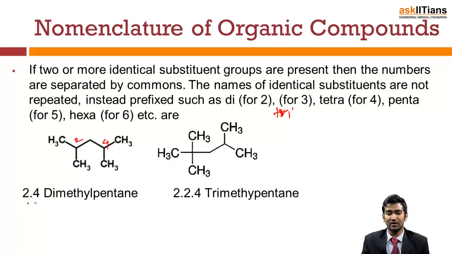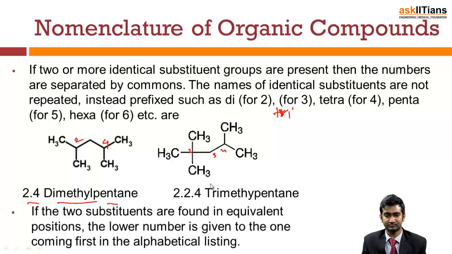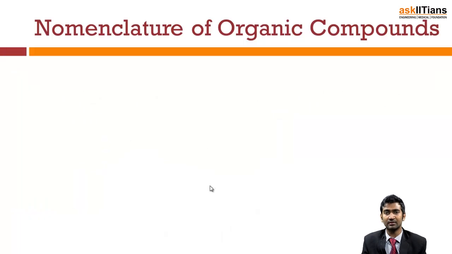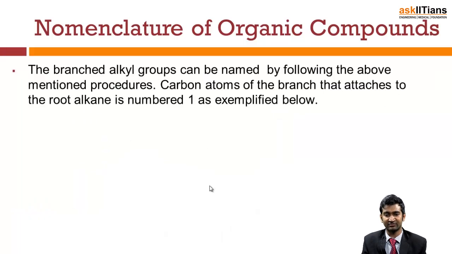So that's why 2,4-dimethyl pentane. Here also I have two methyls attached at the second position, and at the fourth position one more methyl. So 2,2,4-trimethylpentane. And always remember the alphabetical order, guys.